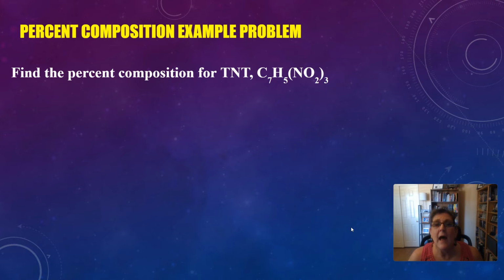So that would be how many carbons? 7. How many hydrogens? 5. How many nitrogens? 3, because it's NO2 in parentheses with a 3. So 3 nitrogens. And how many oxygens? 6. 6 oxygens. Add all that up and get your total.